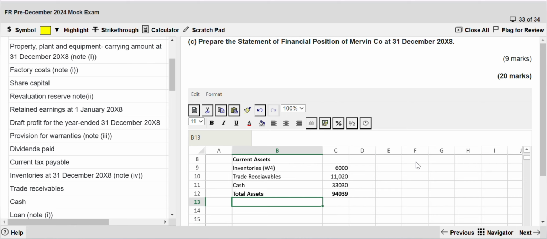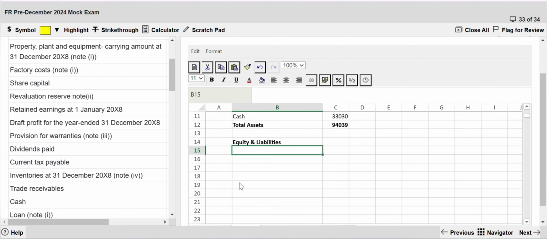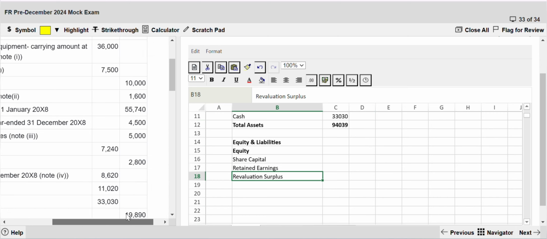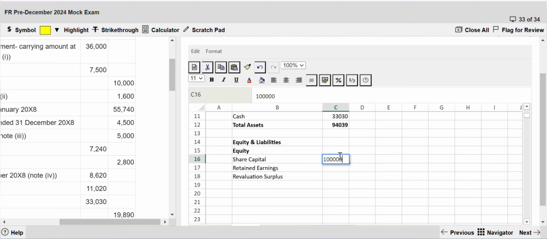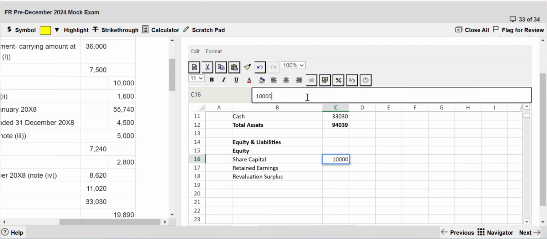Okay, right? Okay, what was next? Equity and liabilities. What was our equity? We have share capital, retained earnings, and then we will have revaluation surplus, right? These are the items I can see in the trial balance which go to the equity side. What was our share capital? 100,000. Correct? Not 100,000, 10,000. Oh, why did I say 100,000? 10,000.